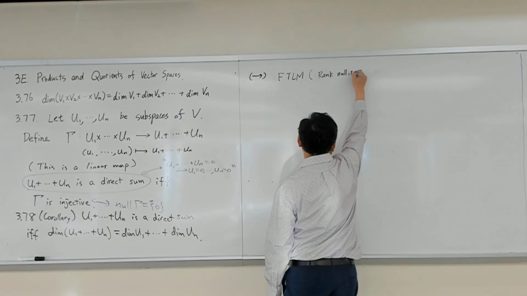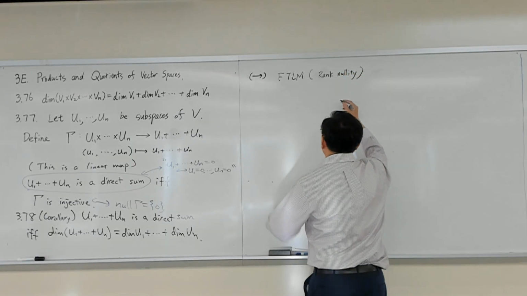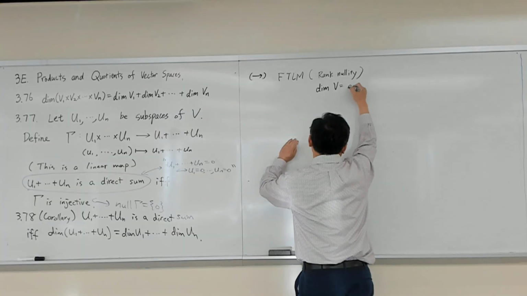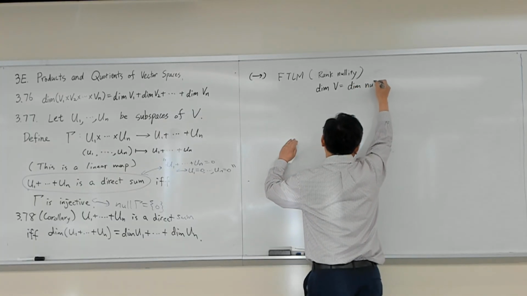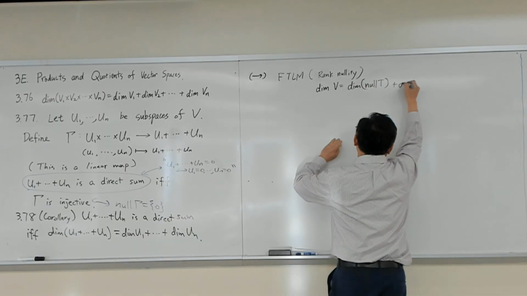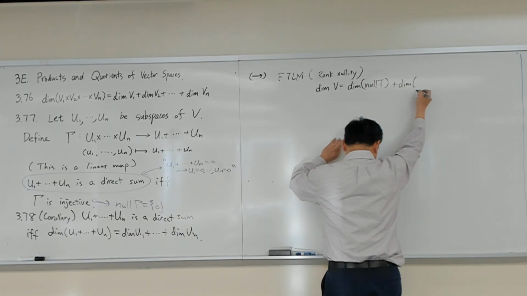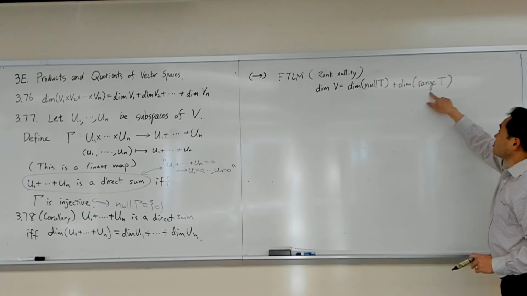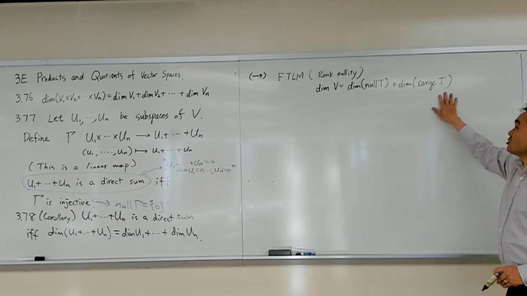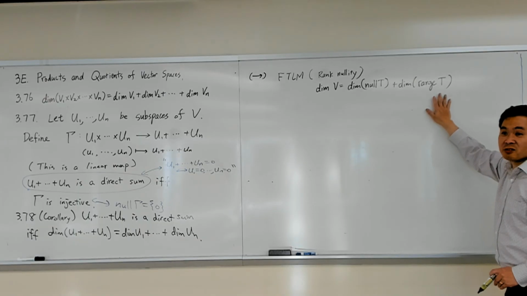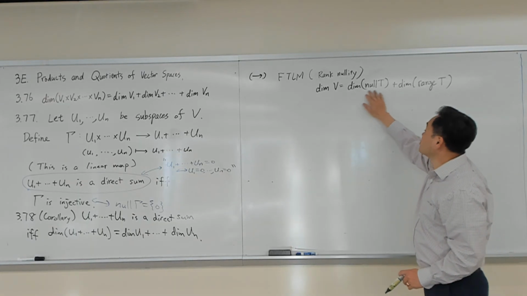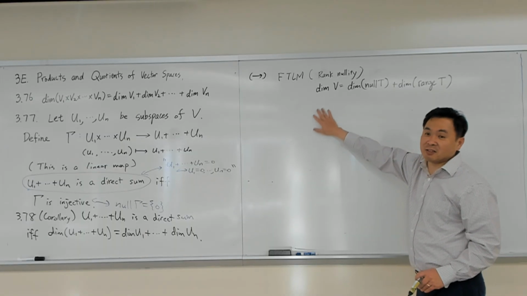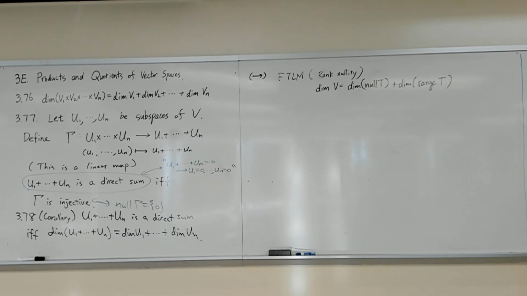The reason for that is that the formula says the dimension of V is equal to the dimension of the null space of T plus the dimension of the range of T. And this dimension of the range of T is known as the rank of a linear map. And the dimension of the null space is called the nullity. If you add them, you get the dimension of your domain. So that's sometimes known as the rank nullity theorem.